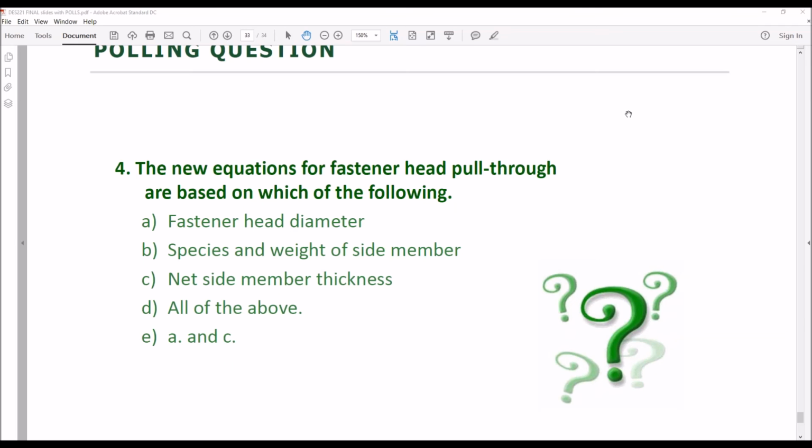So technically, yes, B is also the correct solution. So this might not have been the best question, but I think it's good that it prompted a little bit of discussion on our part.